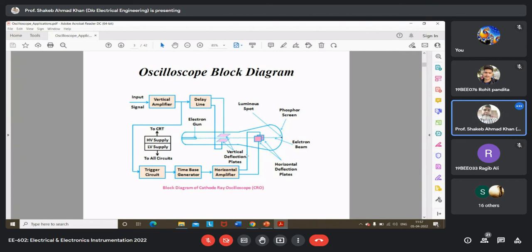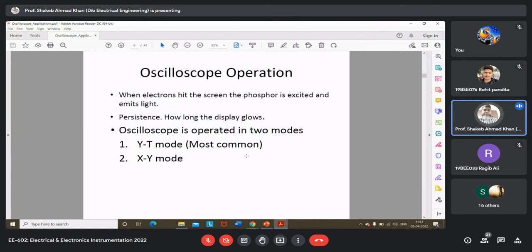YT mode is the most common mode, when you are plotting the time varying voltage signal against time. Y is amplitude and T is time, so along the x-axis it is the time axis and along the y-axis it is the amplitude axis.